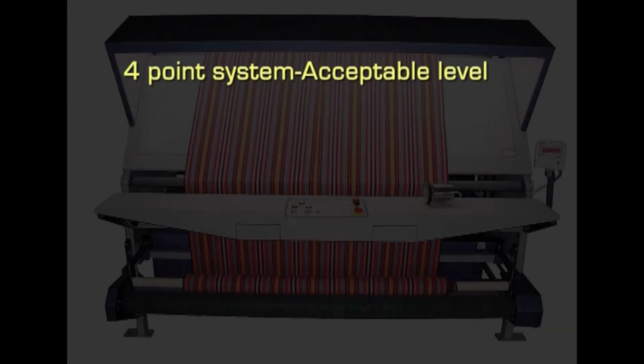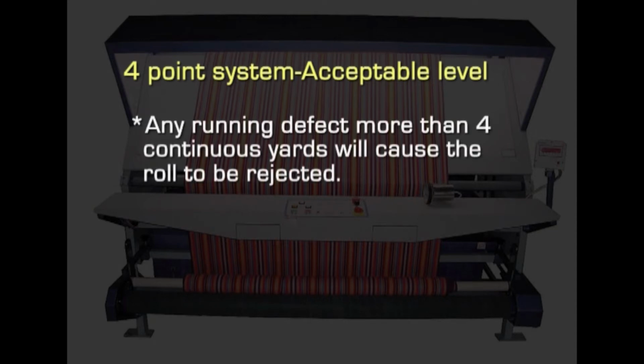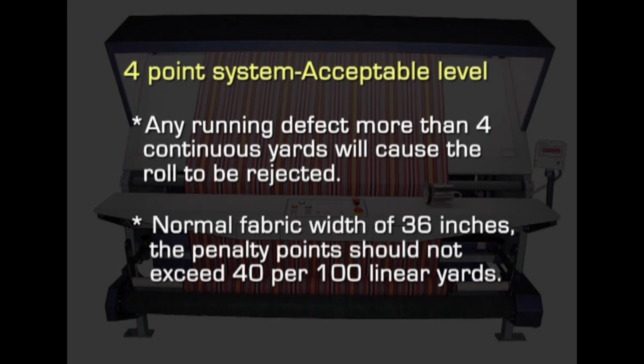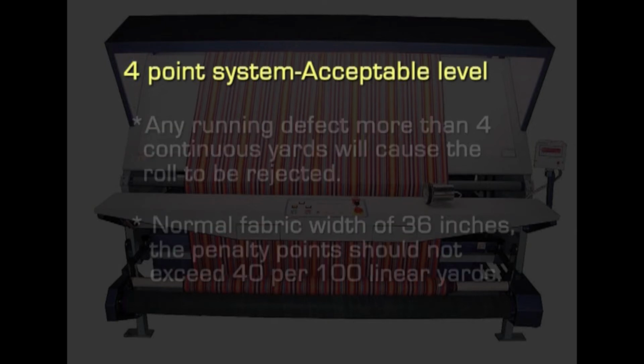We will see what is the acceptable level of the 4-point system. Any running defect more than 4 continuous yards will cause the roll to be rejected. For normal fabric width of 36 inches, the penalty points should not exceed 40 per 100 linear yards.